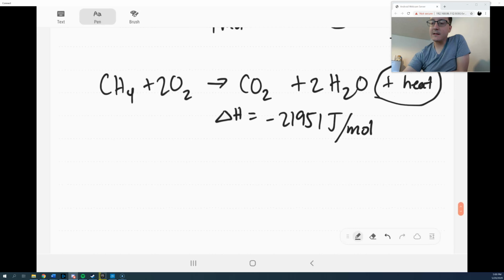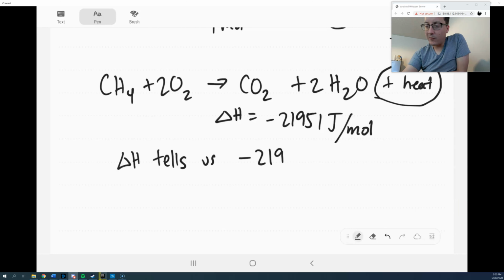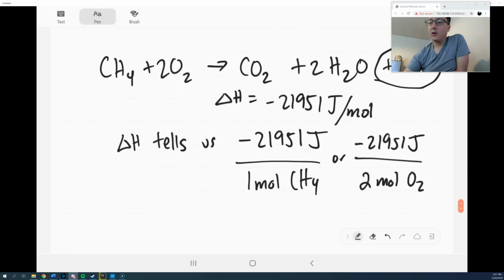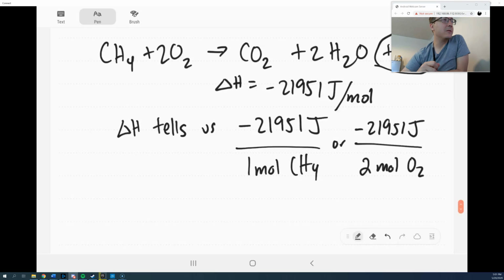So this delta H tells us we have negative 21,951 joules per 1 mole CH4, or negative 21,951 joules per 2 mole oxygen. Or, you get the idea, right? This is the coefficient again.